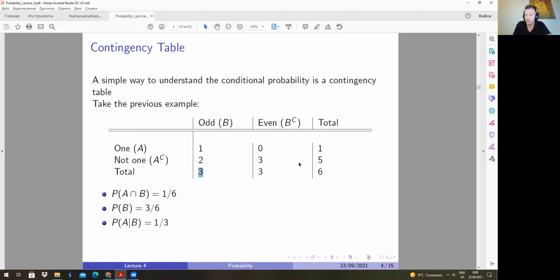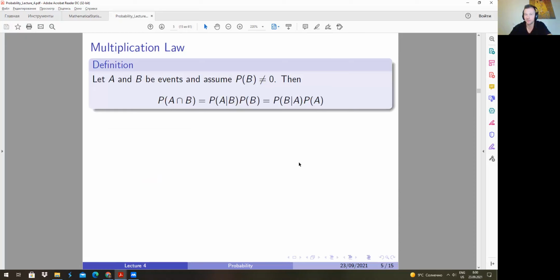So any questions about the conditional probability and the meaning of it? Do you understand what that is? Okay, so we will move to other examples and probably we will have some questions.